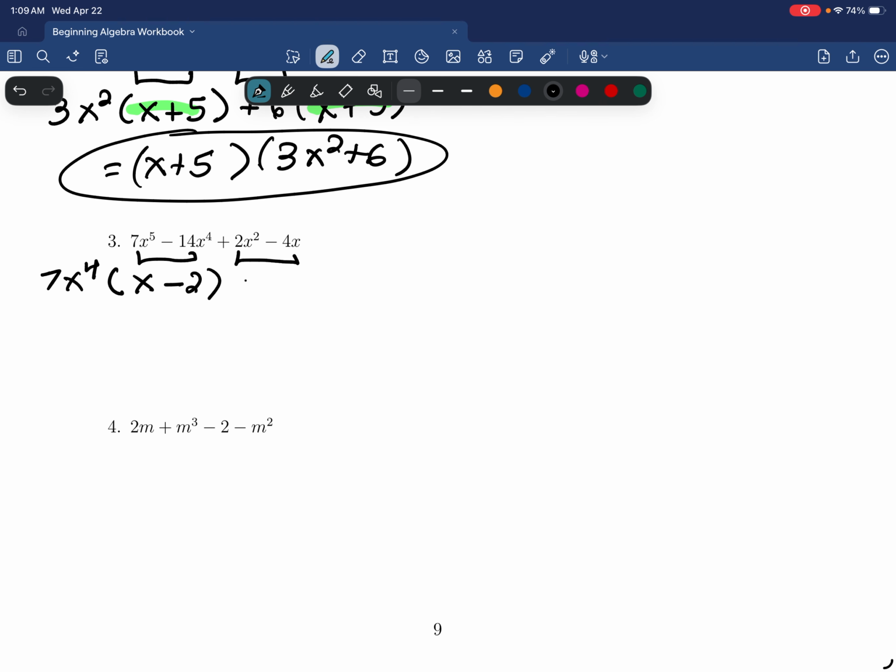And then I'm going to add, for the two other terms, we can factor out a 2 and an x. And when I do that, you're going to get x minus 2. And now we have to check, do our binomials here match up? And they do. So now we can go ahead and rewrite these as a product.